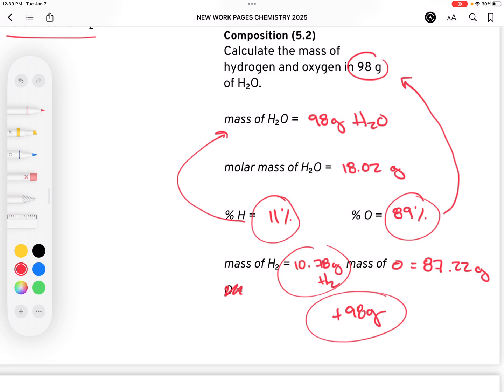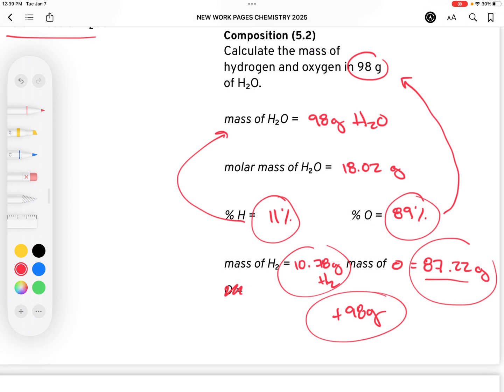This is a theoretical amount where this is what should be there, and I can compare in my lab what I actually earned and see how close I got to the mark, okay? If I was collecting how much oxygen there was, well, there should be 87.22. But if I end up only getting 80 grams, well, there's 7 grams missing somewhere, and it may have got lost as the experiment ran on. Or it could have been part of a side reaction, etc. But this is just to calculate that theoretical amount, okay?